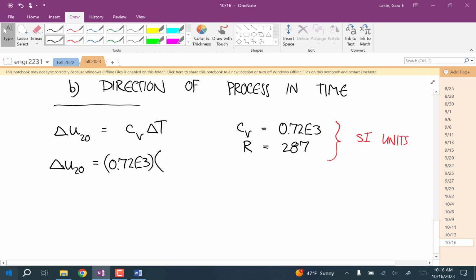And then we're multiplying this by the change in temperatures. So the final temperature, I'm going to call T equilibrium minus the initial temperature. Since these are differences in temperature, you can use Celsius. You don't have to convert. So this is T equilibrium minus 20.